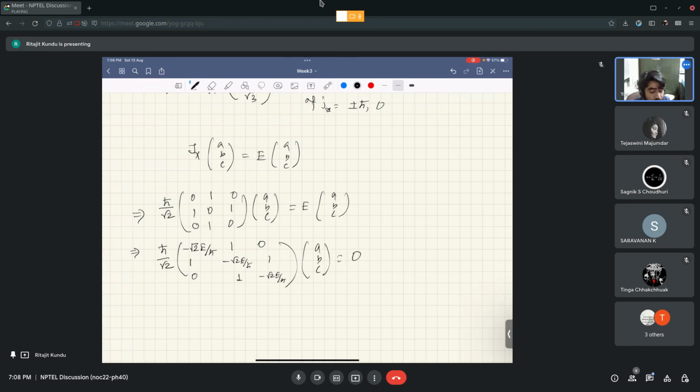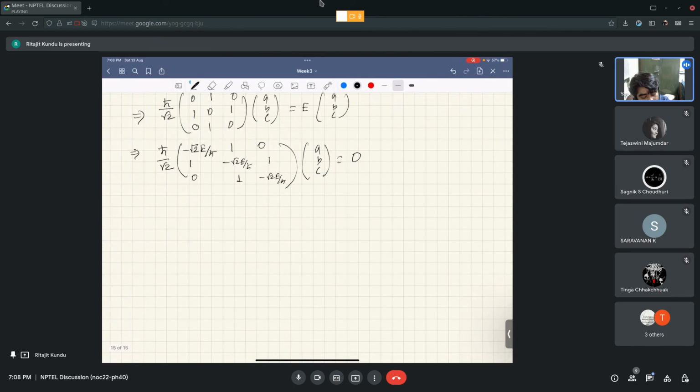I want to solve these three linear equations. What are these three linear equations? Equation 1: minus square root 2 E by h bar times a plus b is equal to 0.